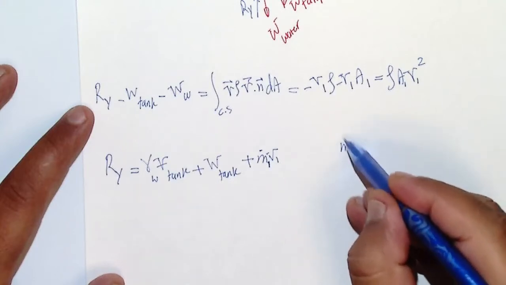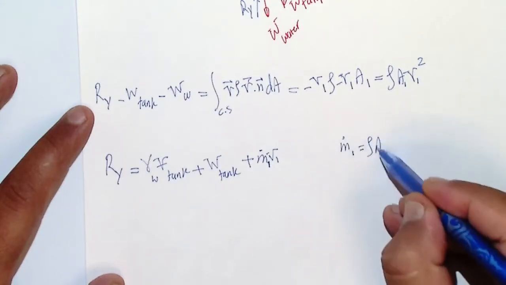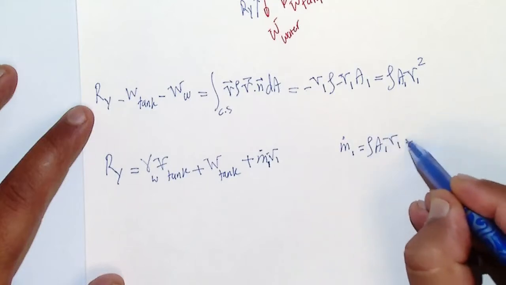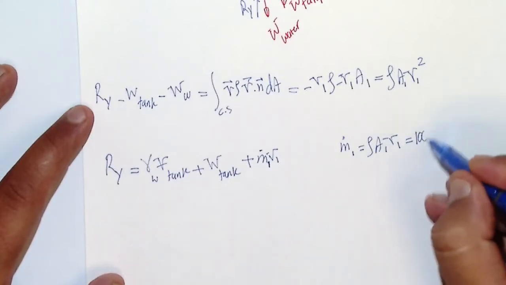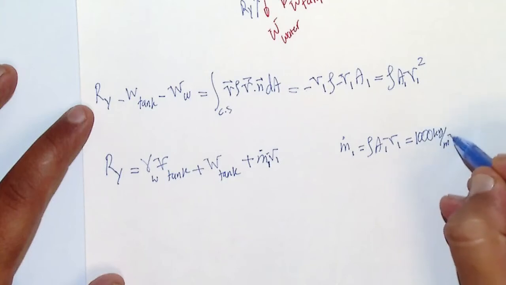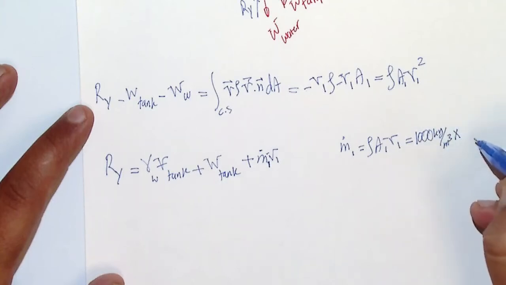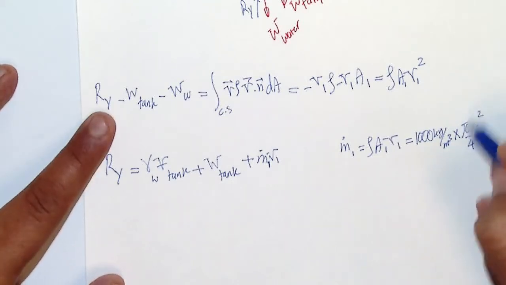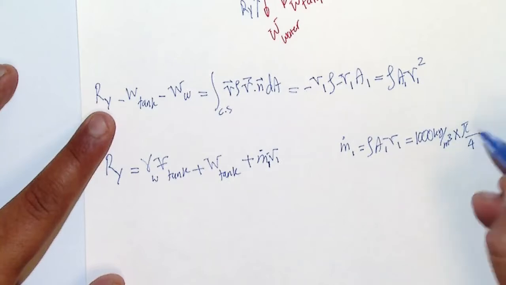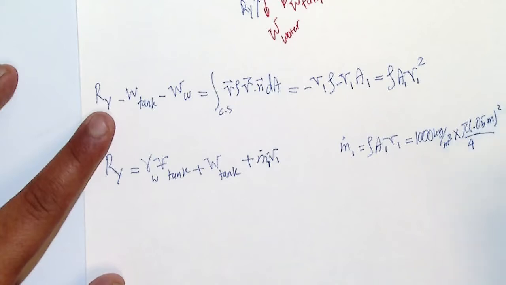But what is m dot 1? It is rho A1 V1, right? So rho, what's that rho? You can assume it's 1000 kilogram per meter cubed, times A1, which is pi d1 squared over 4, and d1 is 5 centimeter, or 0.05 meter, squared, okay.